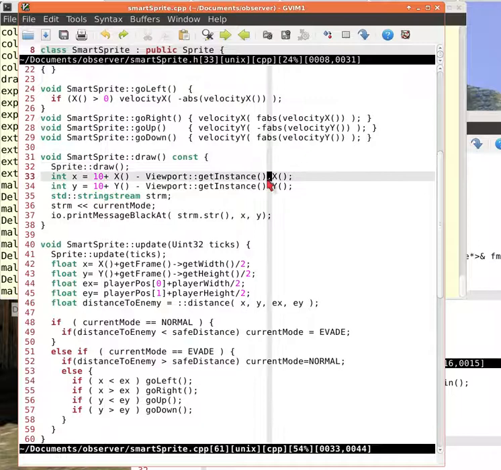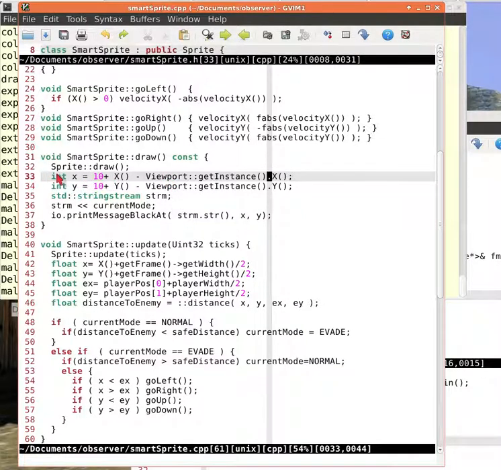I get its current position, then I offset by 10 over and 10 down. That's so either a 0 or a 1 will appear in the middle of this smart sprite. And then I get its current mode, put it in the stream, and then I just draw it right on top, on the screen. I'm using the I/O manager to draw it on the screen at this position that I just computed.